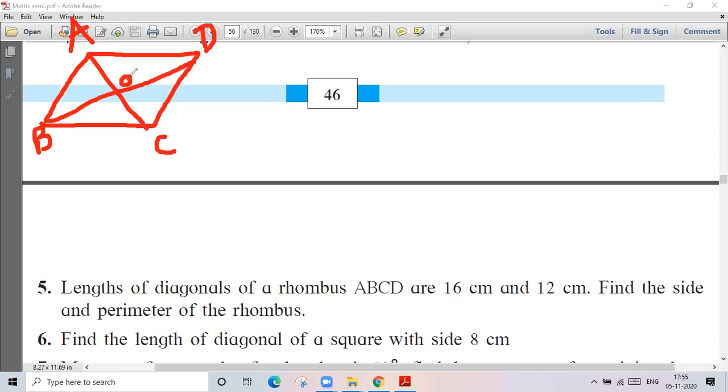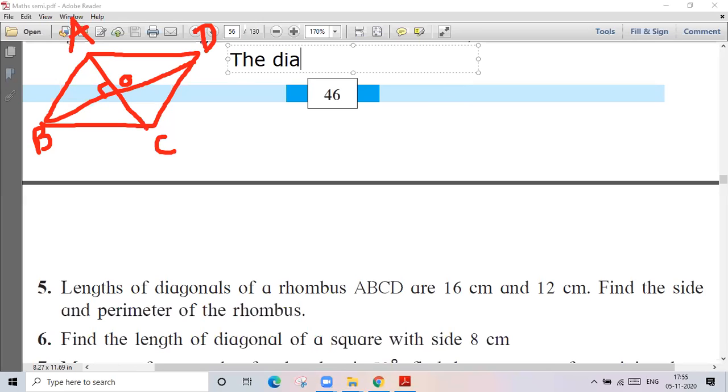Now we know the property of a rhombus that we have already seen: the diagonals of a rhombus are perpendicular bisectors of each other. We'll start writing here. सगळ्यांना लक्ष द्यायचं.